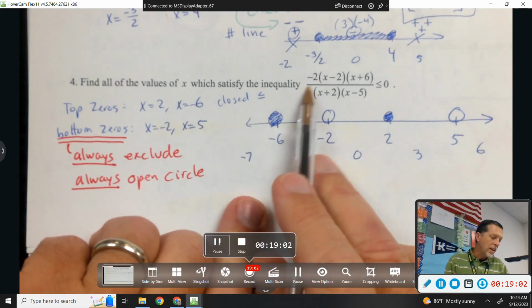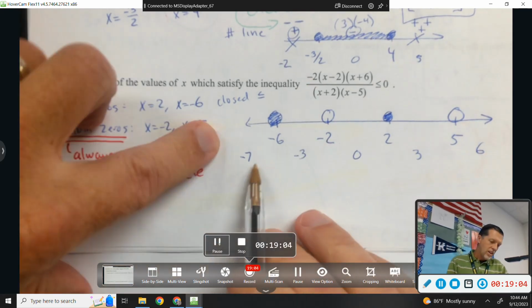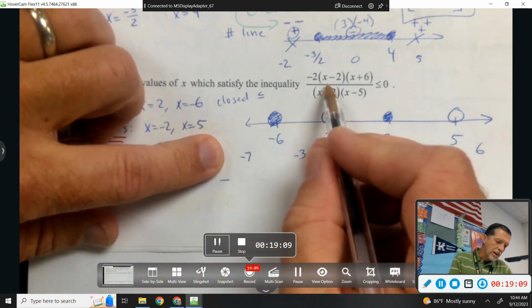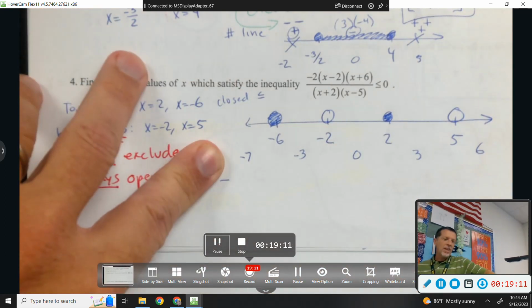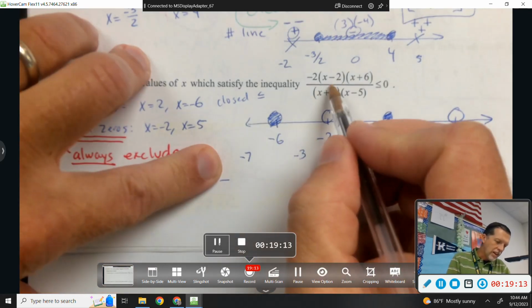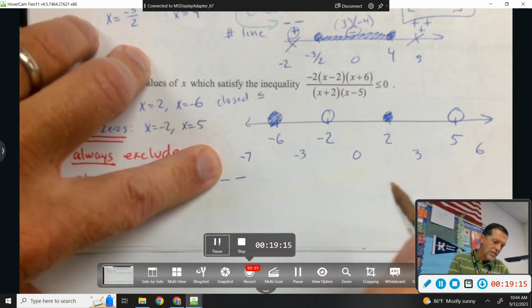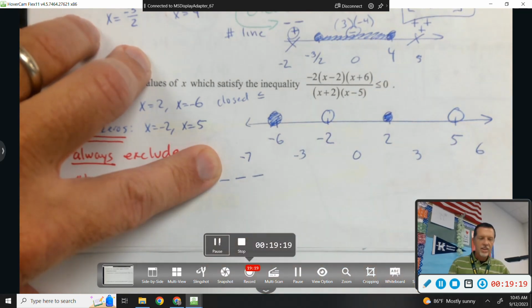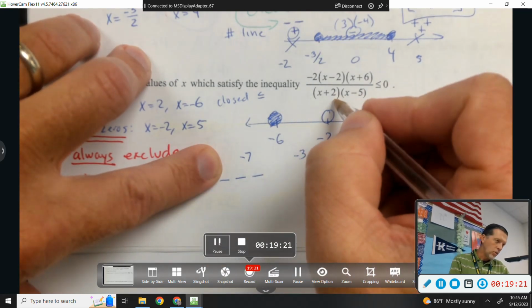So here's where that negative 2 definitely matters. If I plug in negative 7, again, I'm only looking at positives and negatives, so it's not as bad as it looks. Negative 7 minus 2 is negative. Negative 7 plus 6 is negative. Negative 7 plus 2, negative.